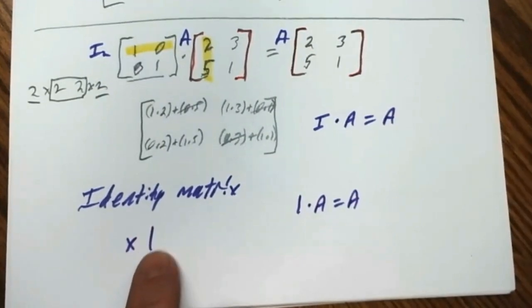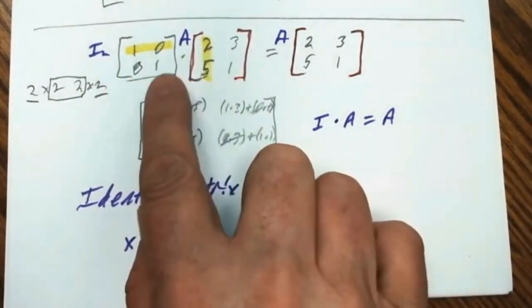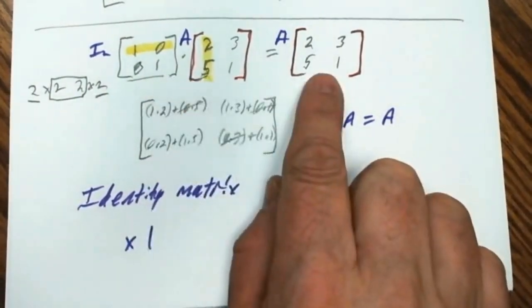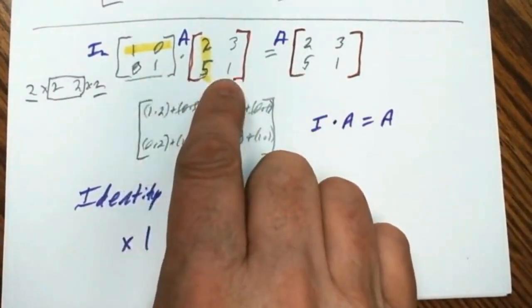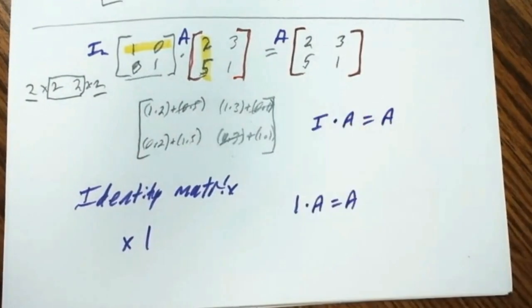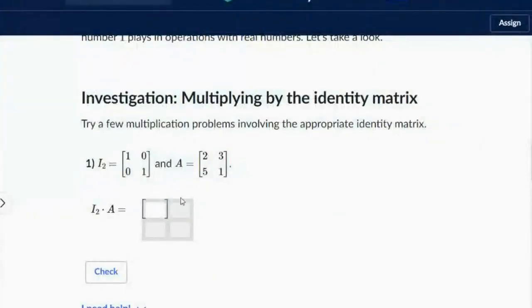There are going to be some questions in our quiz this week where you have to understand what an identity matrix will do. An identity matrix won't change anything. Whatever this matrix is, it's still going to be that after we multiply it by an identity matrix. So if we know this is an identity matrix, then we know it's going to be 2, 3, 5, and 1.